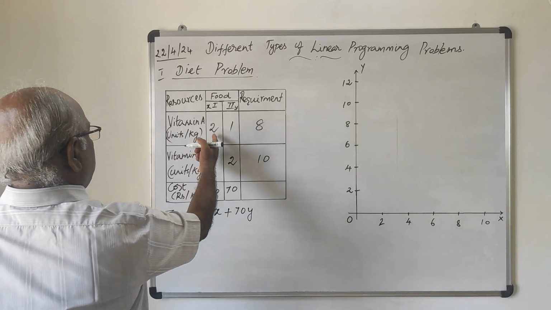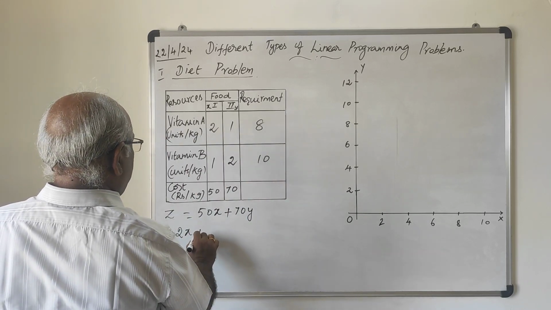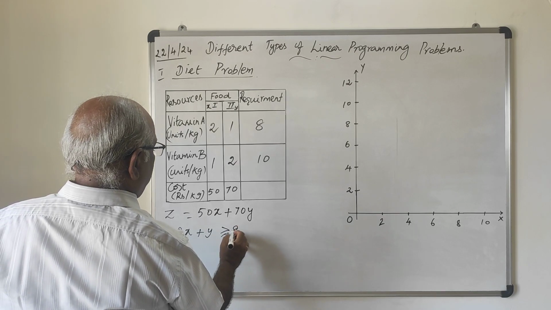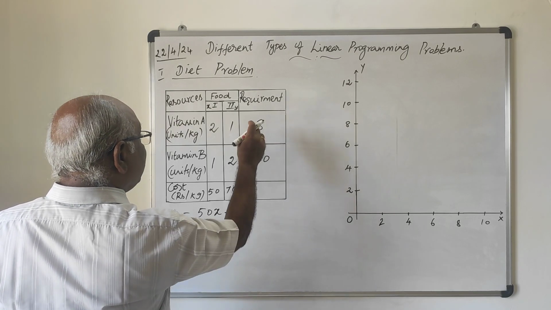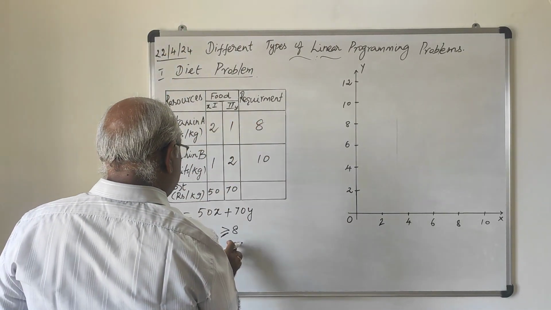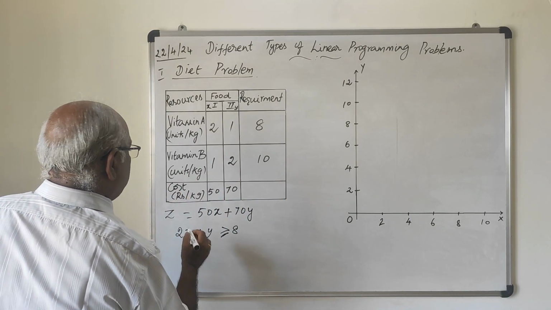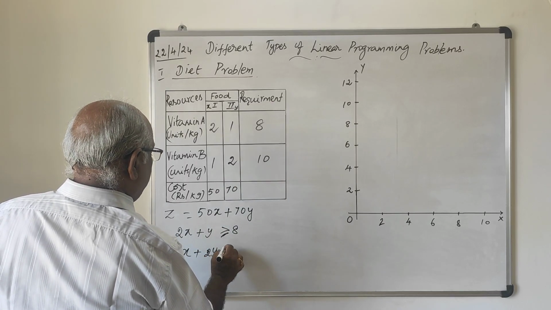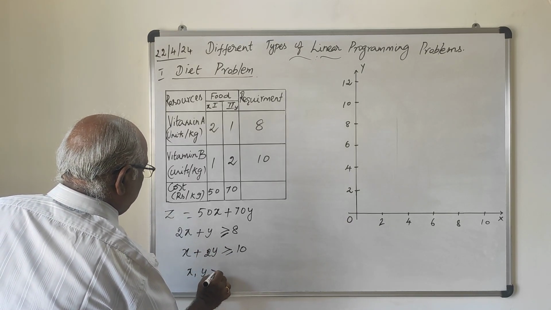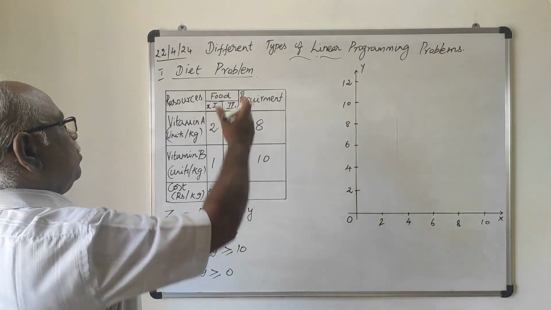That is 2 into X plus 1 into Y greater than or equal to 8, meaning minimum 8, maximum whatever. Similarly, the second case, X plus 2Y is greater than or equal to 10. And X, Y, the variables, are always non-negative. Using these constraints, we have to formulate the linear programming problem.